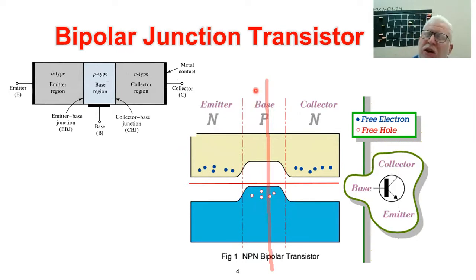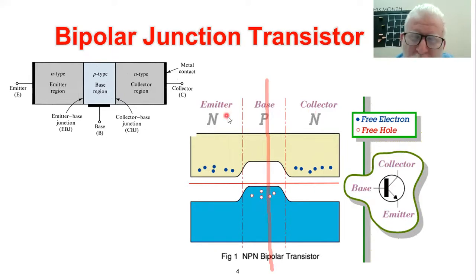So, as you have two diodes, two p-n junctions, and each of them has two conditions of operation, we have an overall of 4 conditions of operation. Either the first is forward and the second is reverse, or the first is forward and the second is forward, or the first is reverse and the second is reverse, or the first is reverse and the second is forward. 4 combinations, very simple.